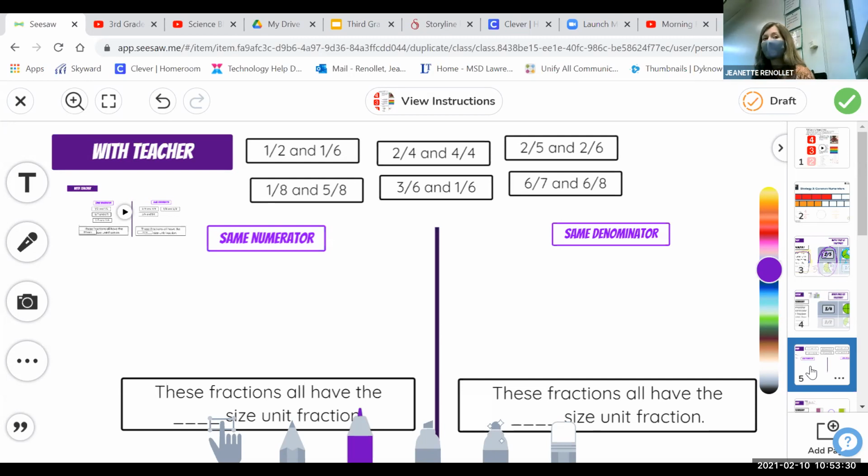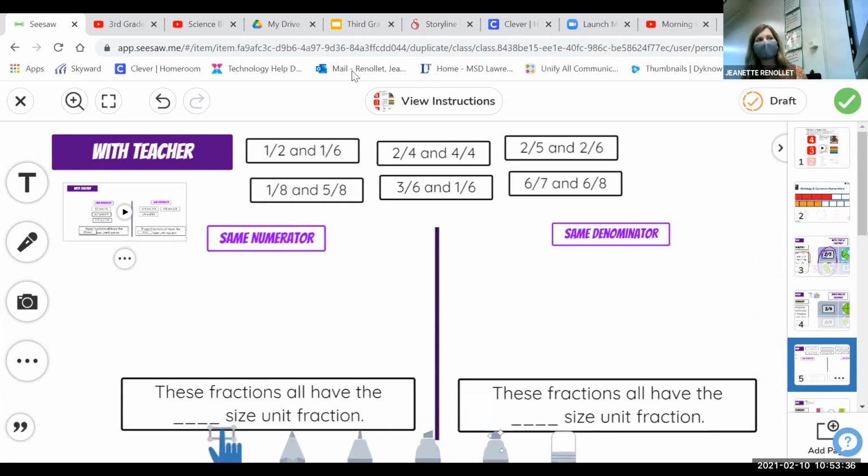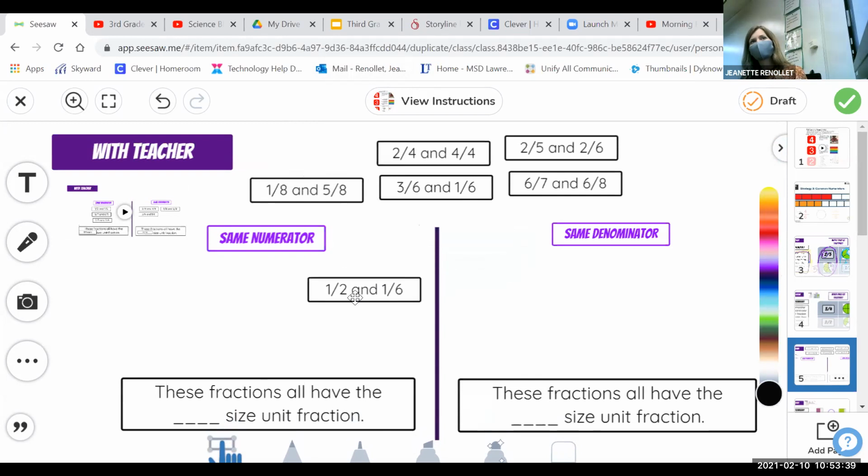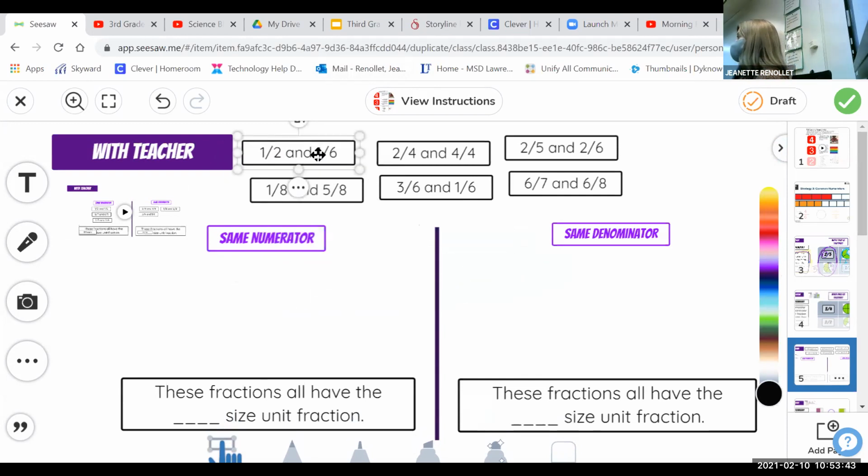Thank you so much. On slide number 5, we have some pairs of fractions that can be moved around. Oh, we're pausing again because not all pairs of eyes are ready.